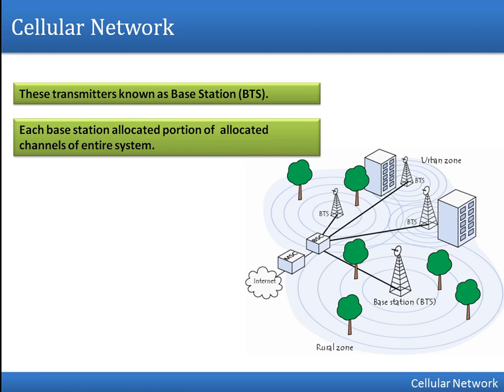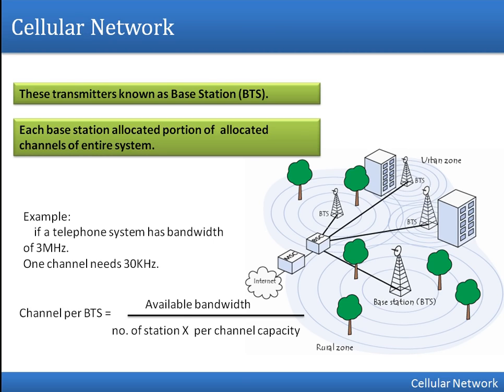Now, if we have some frequency, let's say the total frequency is T, and we have four base stations, then every base station will get T by 4 frequency. So channels per BTS: if you want to find out how many channels we have per cell, first we will find out what portion of frequency is allocated for one cell.